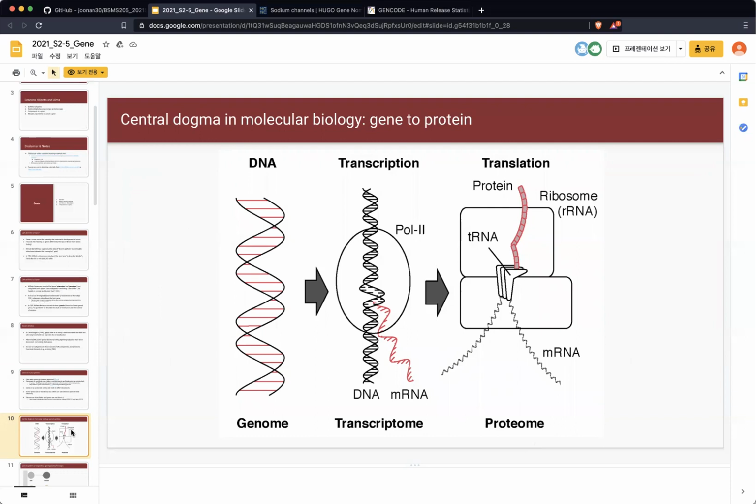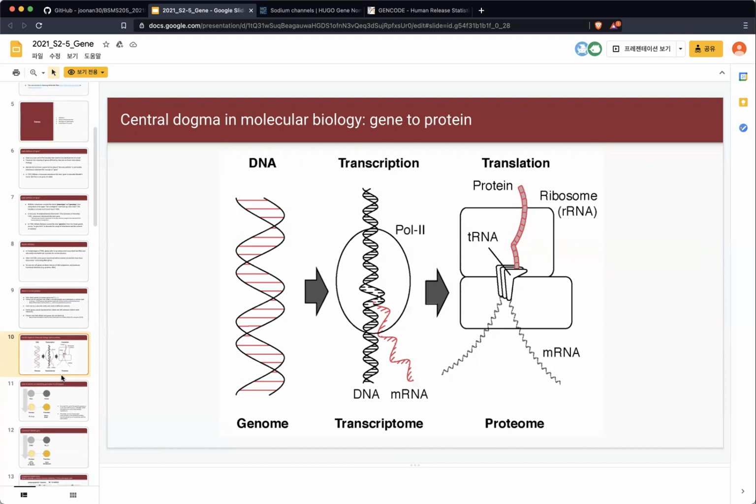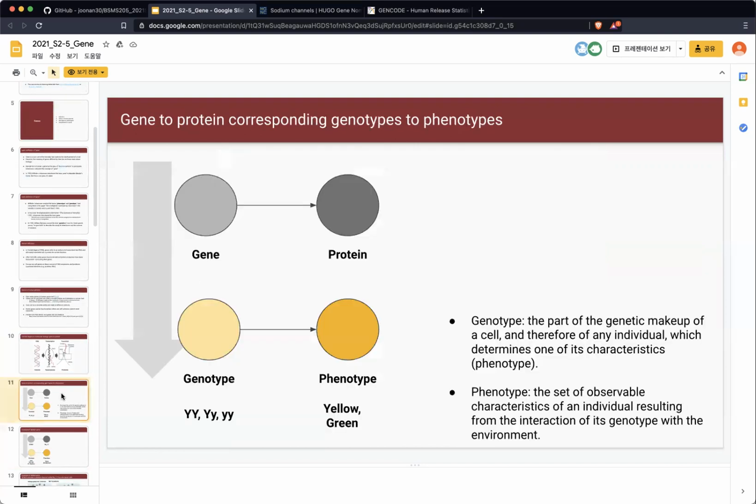You're going to learn about many details and mechanistic differences between the processes and stages, and which units are working in each stage. Basically, the idea about the central dogma is the workflow from gene to protein, right? So what does that mean in genetics or the broad sense of biology?